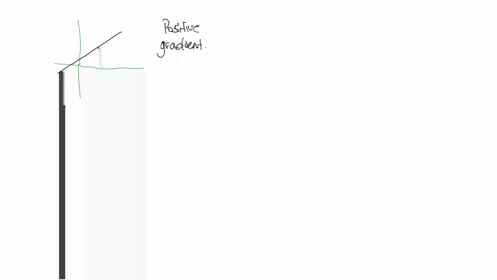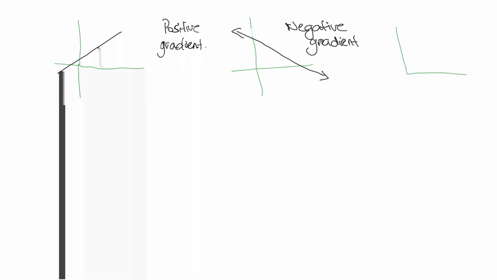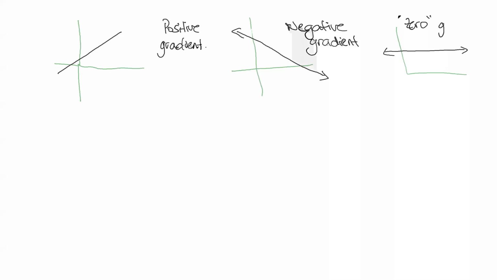And if you had a line that's going like that, for example, that's a negative. It will give us a negative gradient. And if we had a line that's straight, what do you think that's going to be? So that will be a 0 gradient.